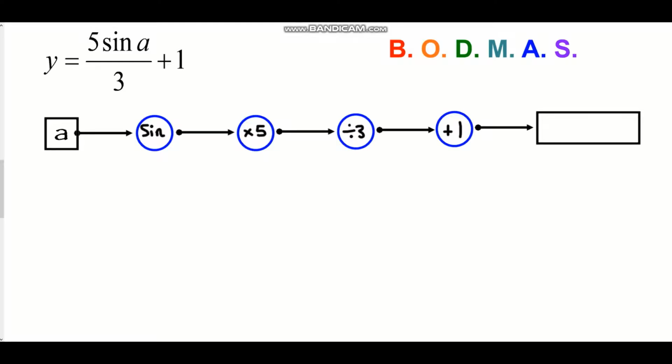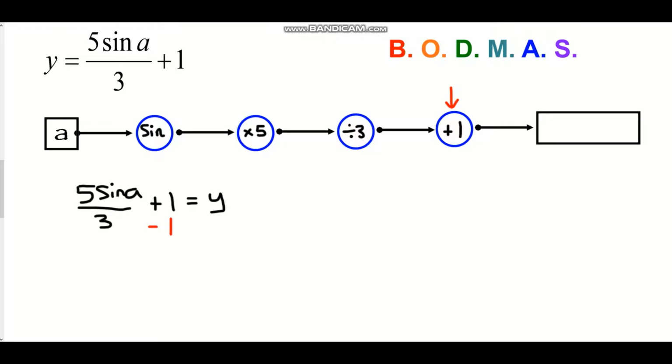Alright, so let's rewrite our equation so that our subject variable, our A, is on the left-hand side. 5 sine A divided by 3 plus on 1 is equal to y. Again, if I want to undo a plus on 1, I use the inverse.